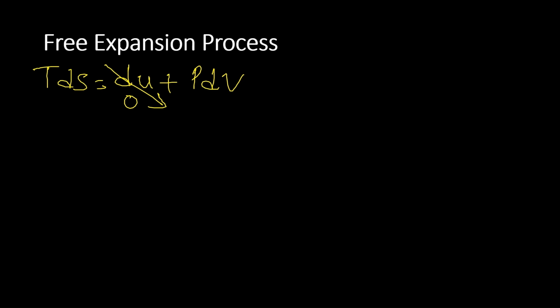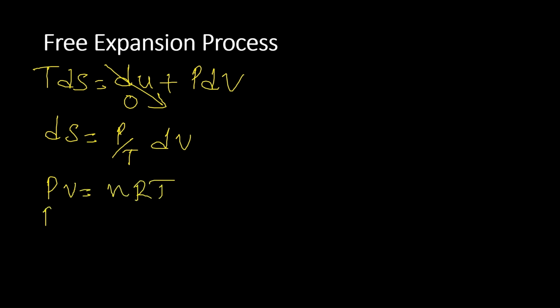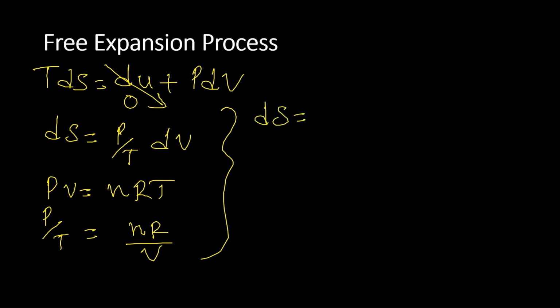For closed system, TdS is equal to dU plus PdV. If it is a free expansion process, then we have dU is equal to 0. Now, the equation reduces to dS is equal to P by T times dV. If we consider ideal gas, then PV is equal to nRT, which yields P by T is equal to nR by V. Now substituting that in place of P by T, we yield dS is equal to nR by V times dV.